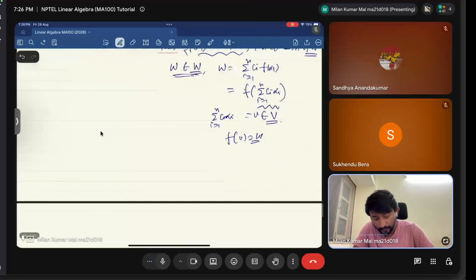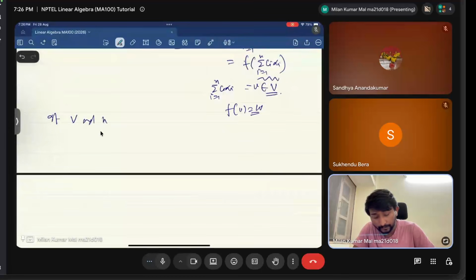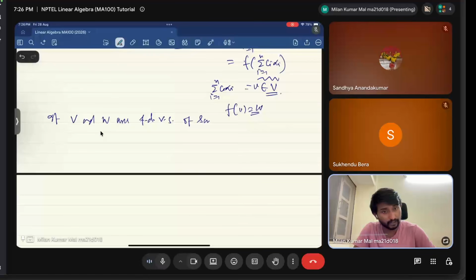Similarly, if V and W are finite dimensional vector spaces of the same dimension over the same field, that is a necessity. To define a linear transformation, we always need the two vector spaces to be defined over the same field.